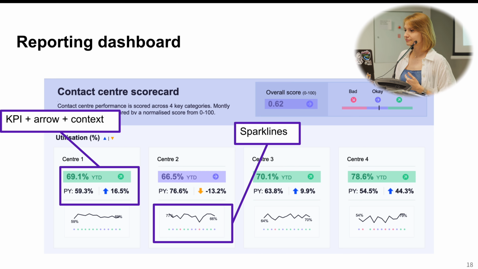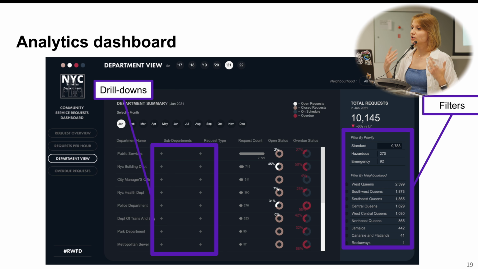So, for example, you can use this sparkline and some dots which show whether it is more or less than the previous year. It is one of the analytical dashboards, and here I want to highlight this table. Actually, on Tableau Public, it is more difficult to find an analytics dashboard than an executive one. So here we have lots of drill downs.